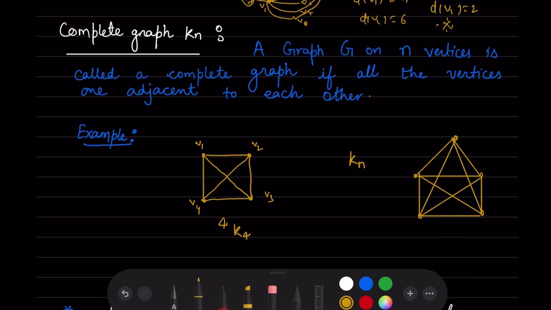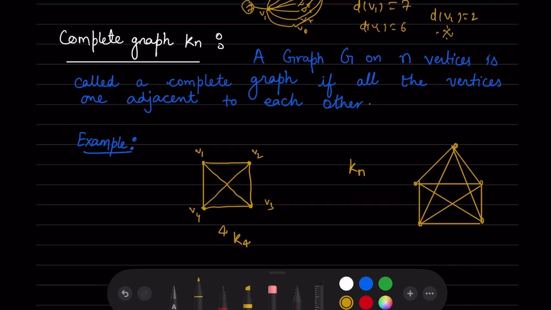From here we can see one observation: the degree of each vertex is the same. The degree of each vertex here is 3. In K5, the degree of each vertex is 4.